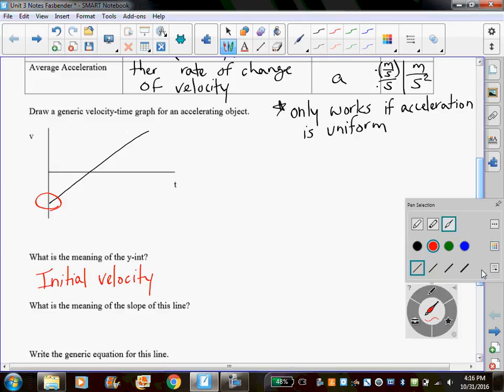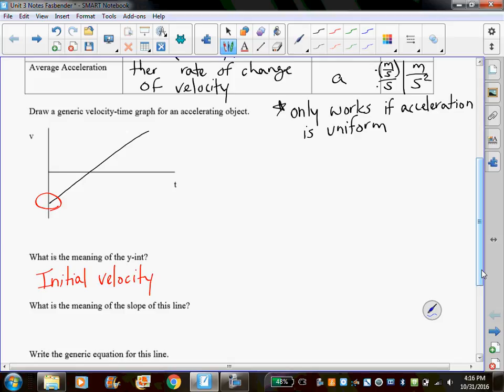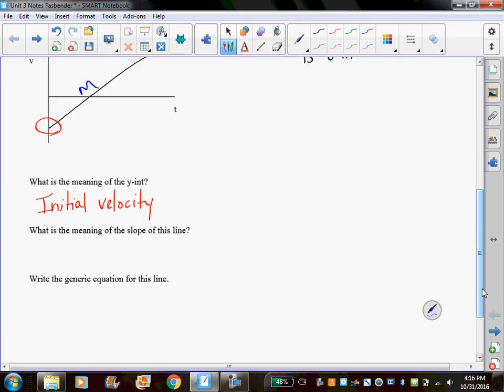How about the slope? We always seem to look at the slopes of lines, right? So the slope of this line is trying to tell you what the acceleration is going to be. So if I give you a velocity versus time graph that looks like this, you can find the acceleration just by trying to find the slope of that line.